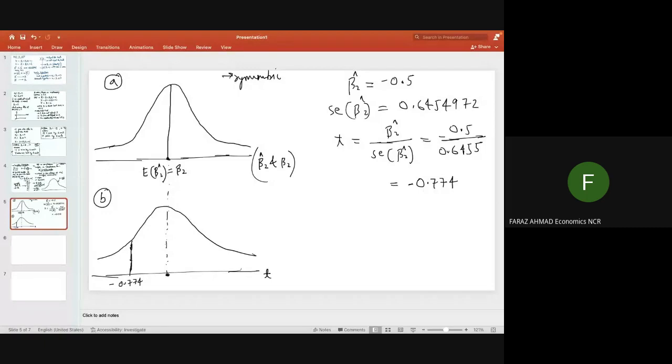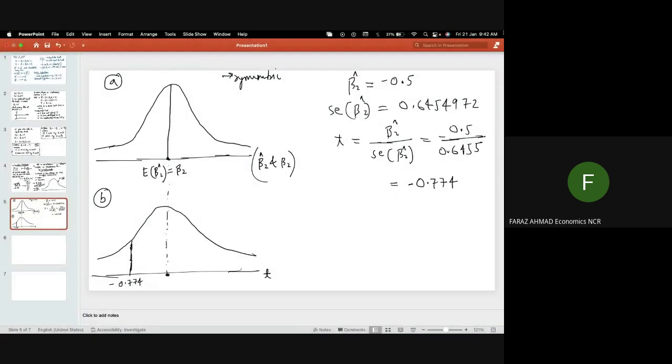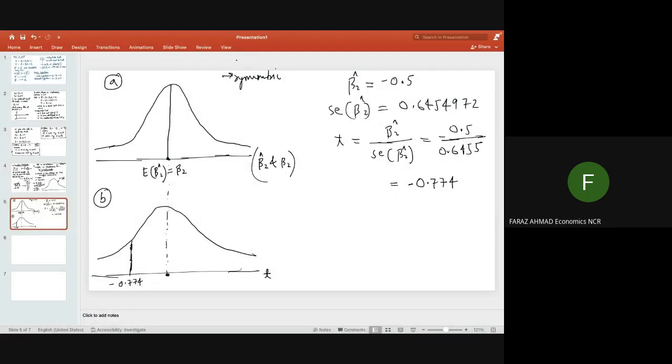So t has a mean of 0, and it is the counterpart of expectation of beta 2 hat here, and we have a t statistic which corresponds to beta 2 hat of minus 0.5.